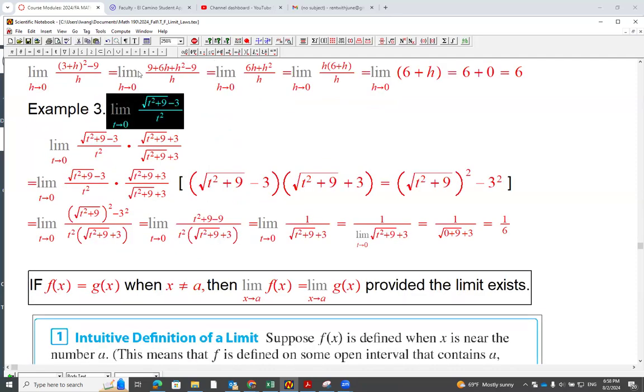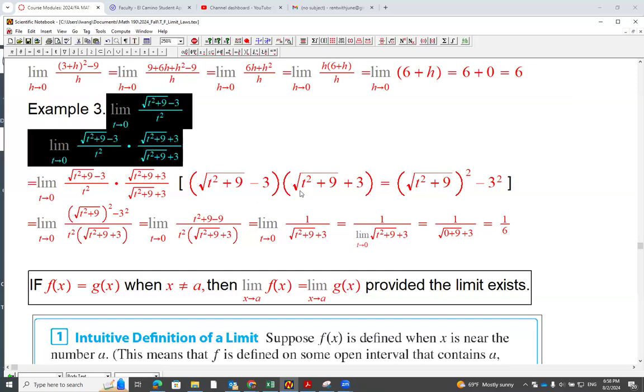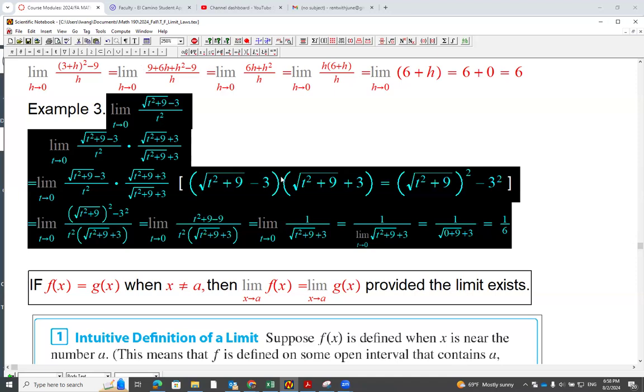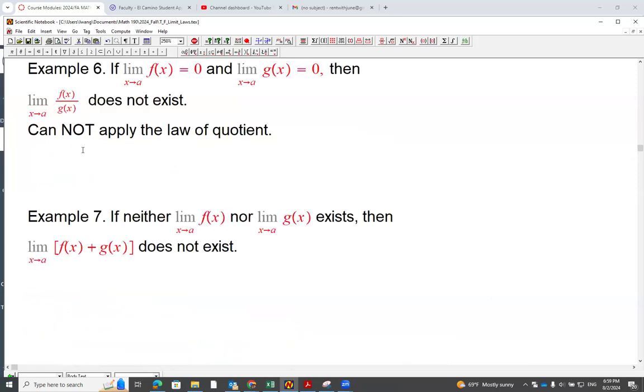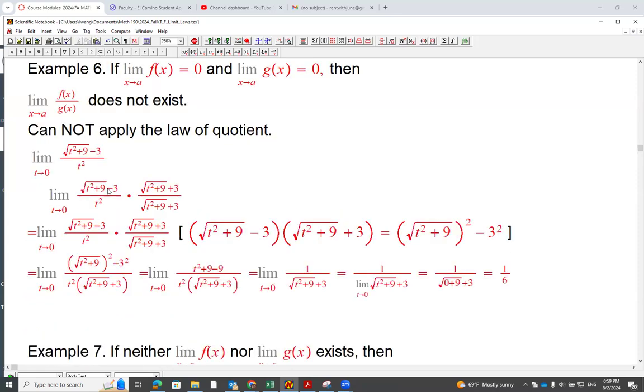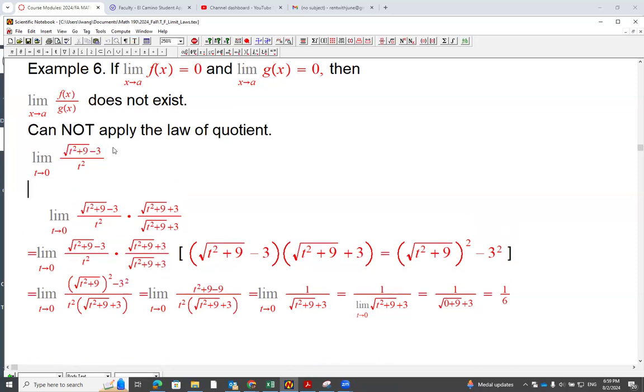This one. We've done the work before, right? So I'm going to copy and paste the whole work and bring it here. You can see if we look at f, as t approaching 0, the numerator is approaching 0.